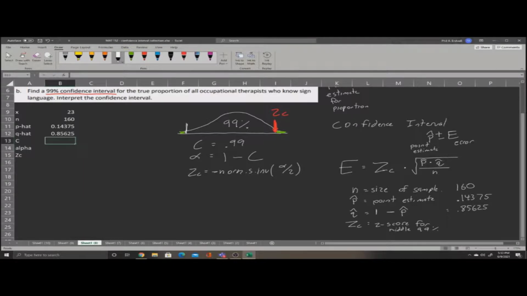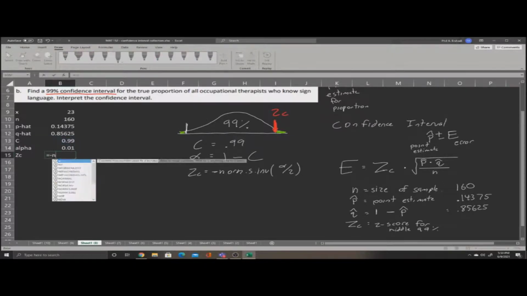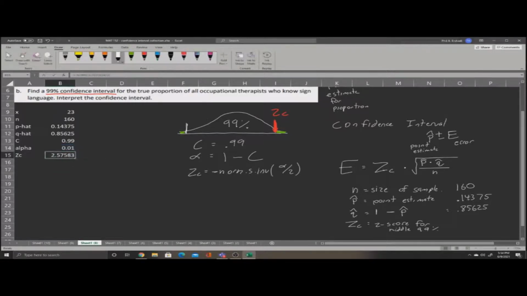The C is the confidence level, that's 0.99. The alpha will be 1 minus that confidence. This tells us how much is in the tails. And then for z critical, we say equals negative NORM.S.INV of alpha divided by 2. And now, after all of those calculations, we have a z critical value of 2.57583.